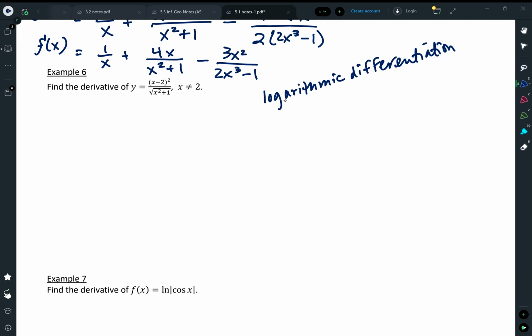So logarithmic differentiation, basically we're looking for a complicated fraction typically. It could just be a product rule kind of thing, but this fraction with something raised to a power, or especially product rule, anything that looks like a complicated derivative, this is a good candidate. So our first step is to take a natural log on both sides.